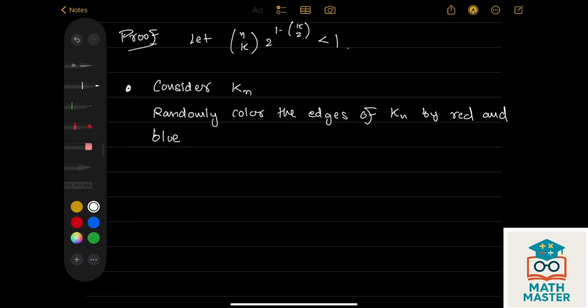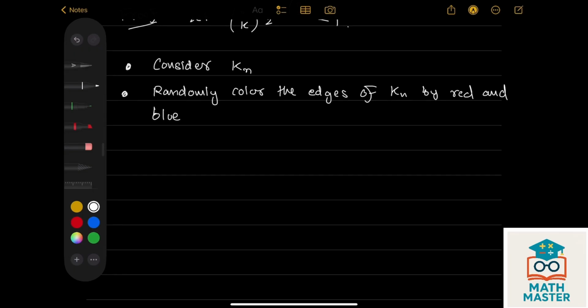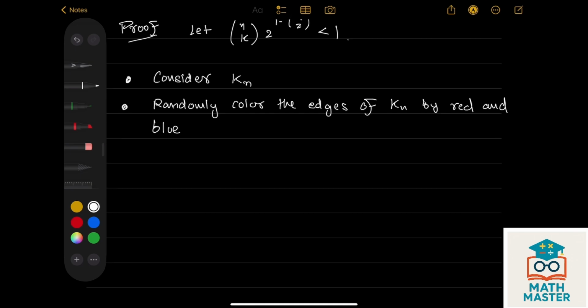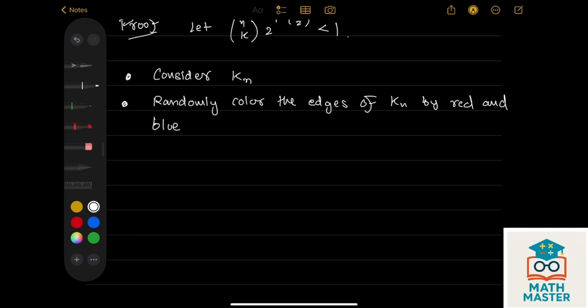So we are considering a complete graph on n vertices, and we are just randomly assigning colors to the edges. That just means toss a coin. If it is head, you give color red to the edge, and if it's tail, you give the color blue, and you do this for each edge. That's how you get a random 2-coloring of the edges of Kn. Now in this random 2-coloring we will search for a monochromatic Kk.